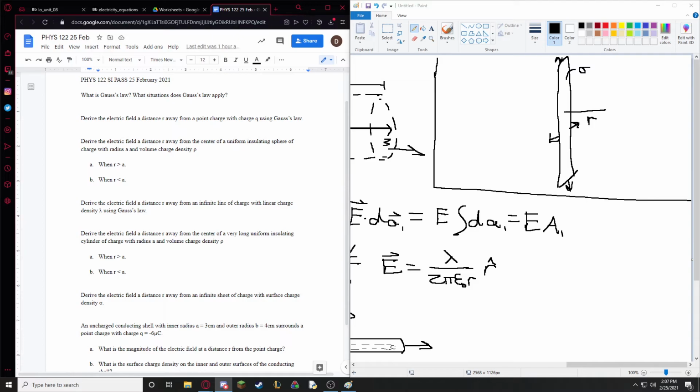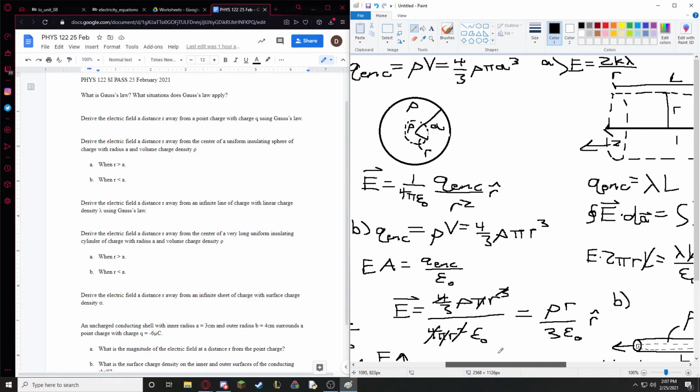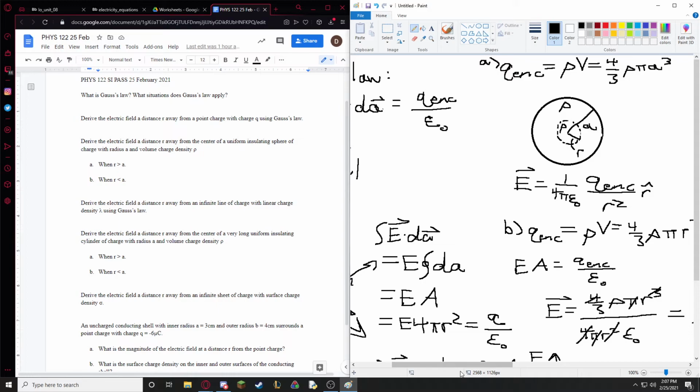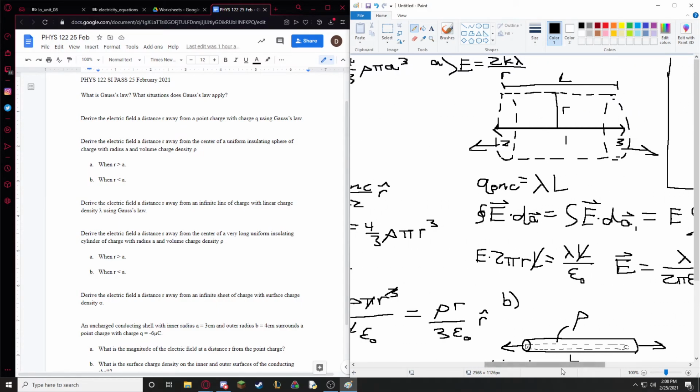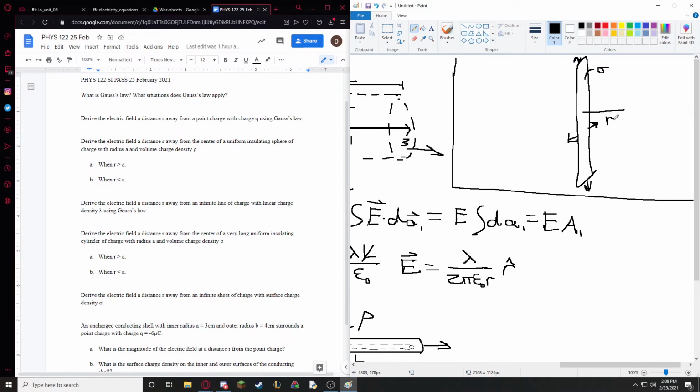For our spherical example earlier, our Gaussian surface was a sphere. For our cylindrical situation, our Gaussian surface was a cylinder. For our planar situation, what's our Gaussian surface going to look like?